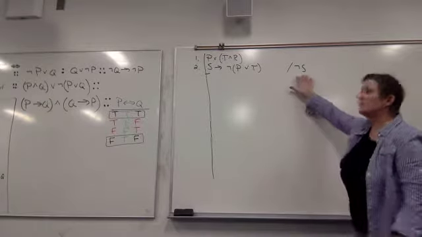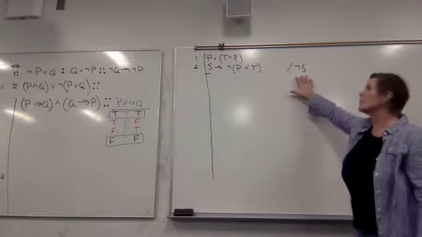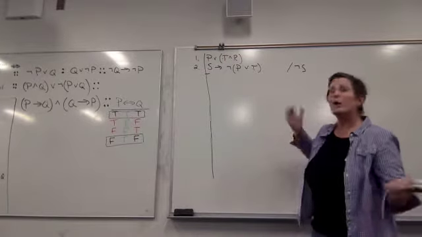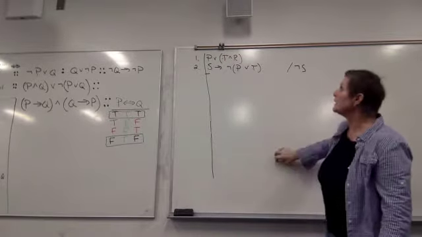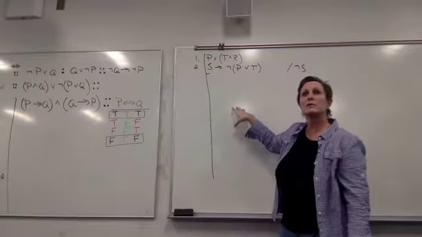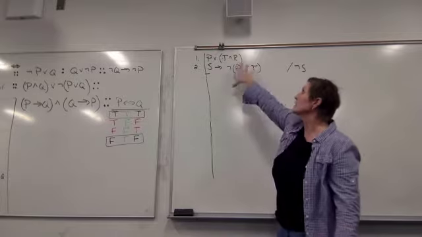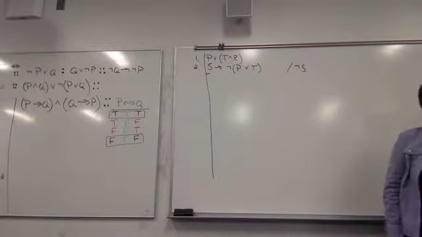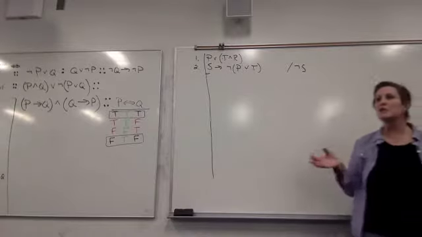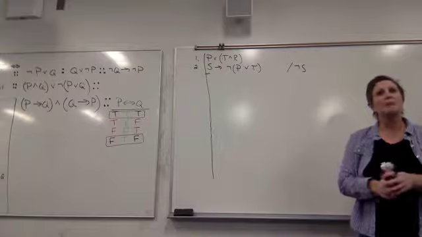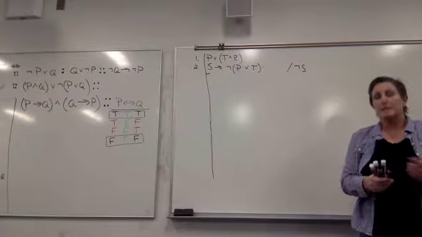We want not S, so we can assume S, derive a contradiction, get out. Alternatively, we can assume P, derive not S, assume T and R, derive not S. So disjunction elimination or negation intro. Doesn't matter. You already know this.